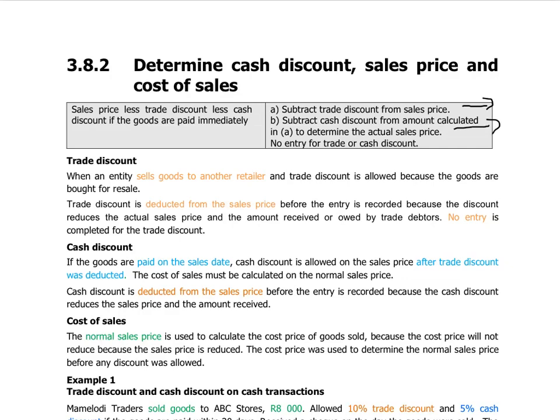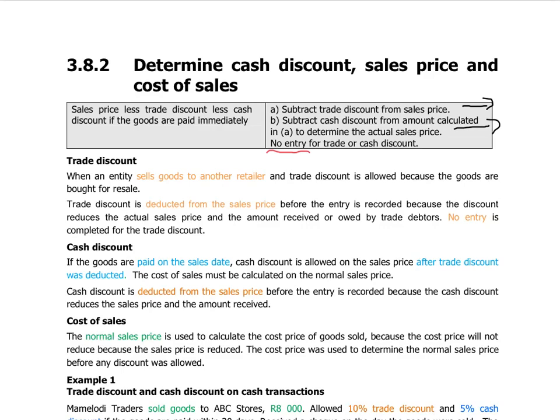And you don't record any entry for trade or cash discount, so that is very important. You deduct the cash discount and the trade discount from the sales price, and no entry is recorded for the trade or cash discount because the reduced amount is the amount that you will receive as income in the business.